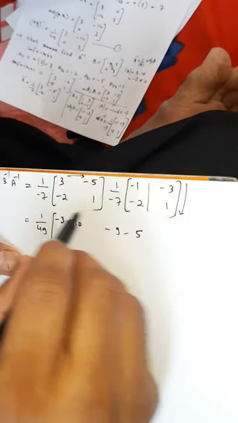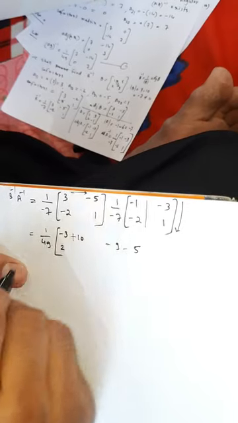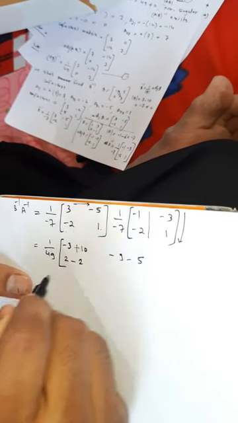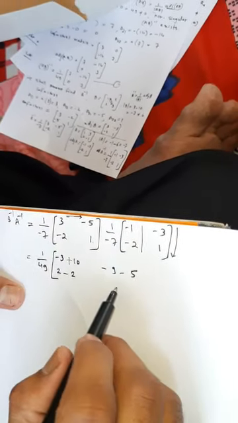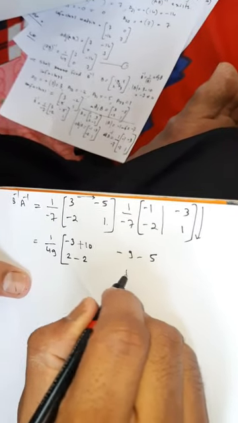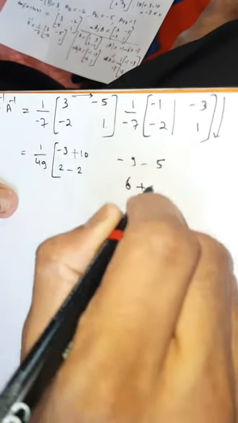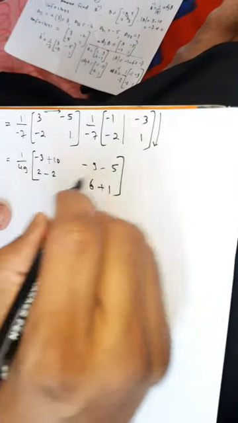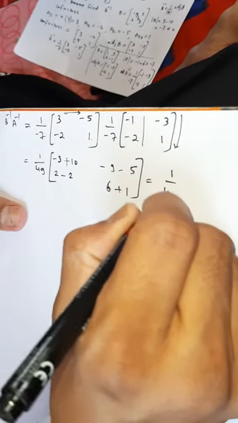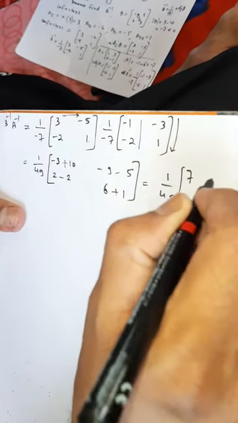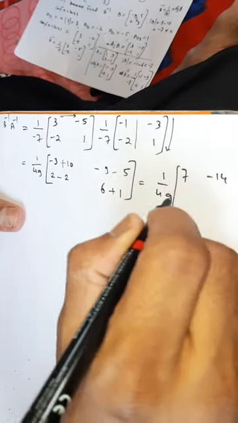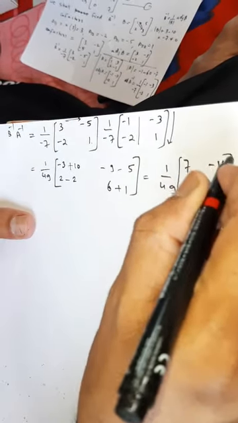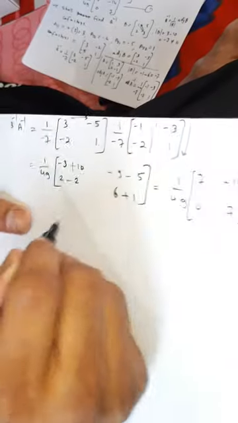Then second row, first column: minus 2 into minus 1 plus 2, 1 into minus 2, minus 2. Similarly second row, second column: minus 2 into minus 3, plus 6 and plus 1. So which is equal to 1 by 49 into 7, -14, 0, 7, which is our equation number 2.